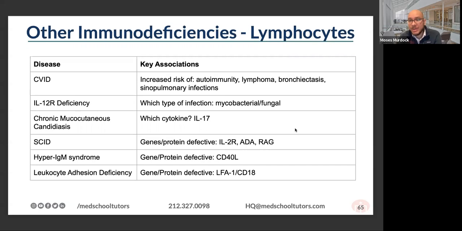You're looking for the lab abnormalities that are part of the name, the high IgE. Whereas in leukocyte adhesion deficiency, some of the other things you might see, and this is classically what you see in First Aid, is that there's a delay in separation of the umbilical cord, for instance, right? So all of that can help you differentiate between the different immunodeficiencies.